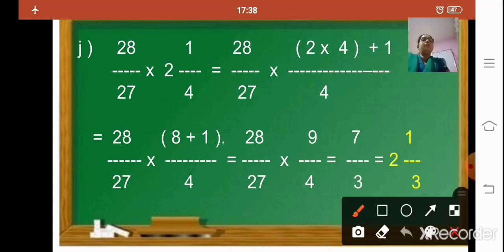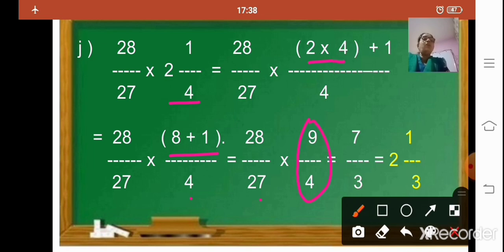First thing is 28 upon 7, and the second mixed fraction we have converted into an improper fraction, that is 2 into 4 plus 1 upon 4. So 2 fours is 8 plus 1 upon 4. Go step by step, students. 8 plus 1 is 9 upon 4.